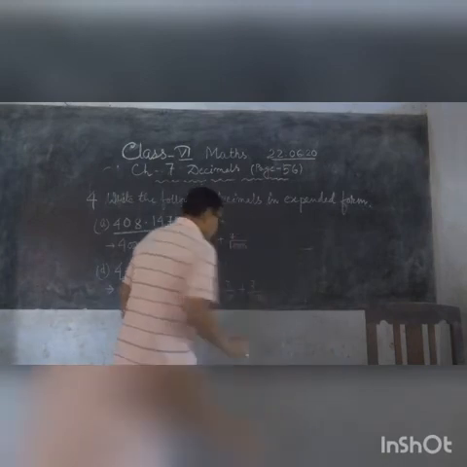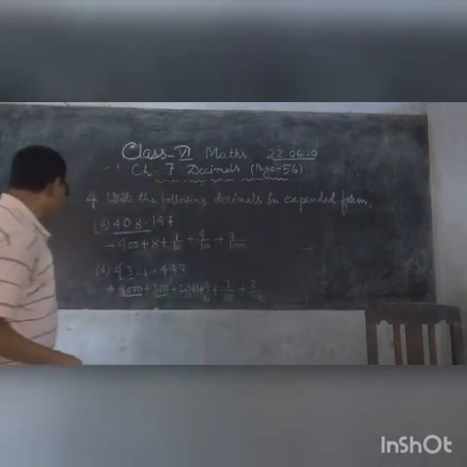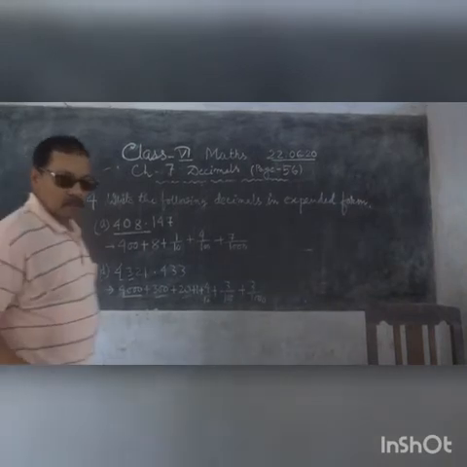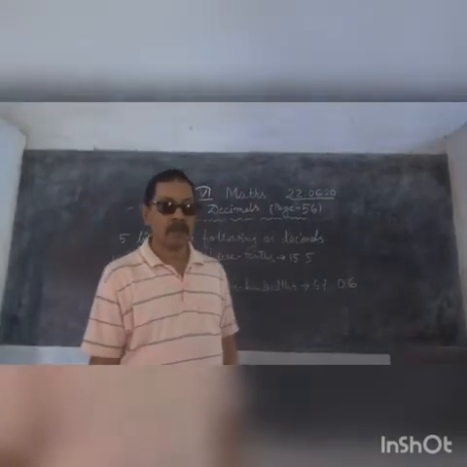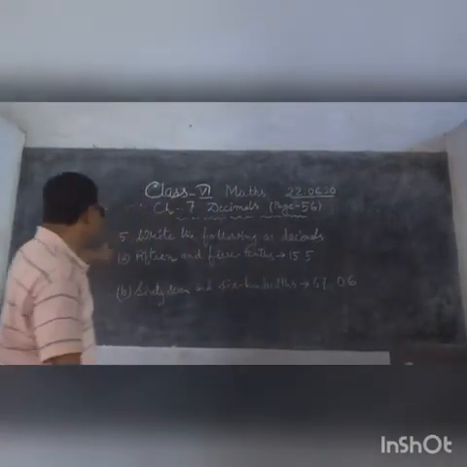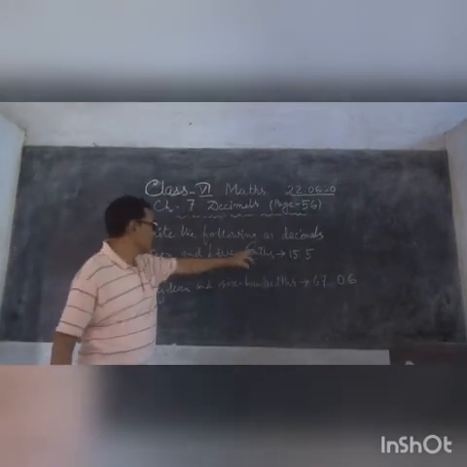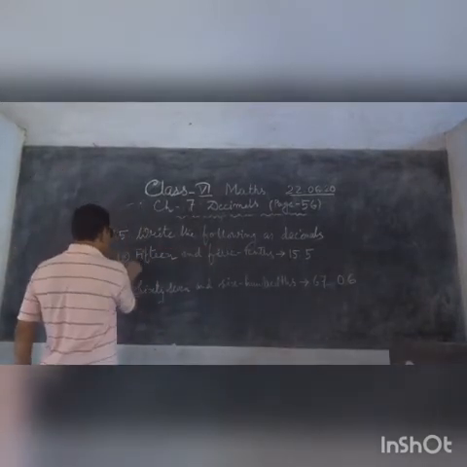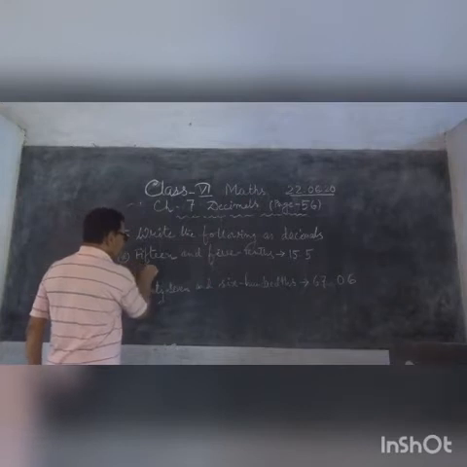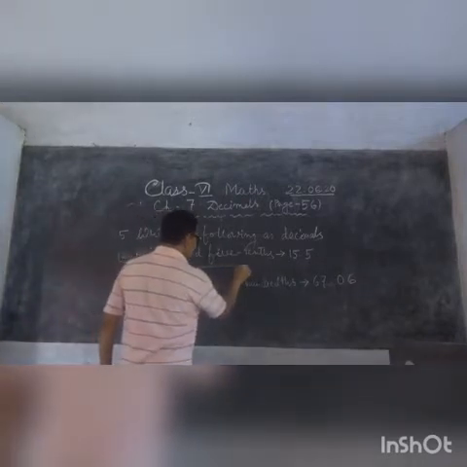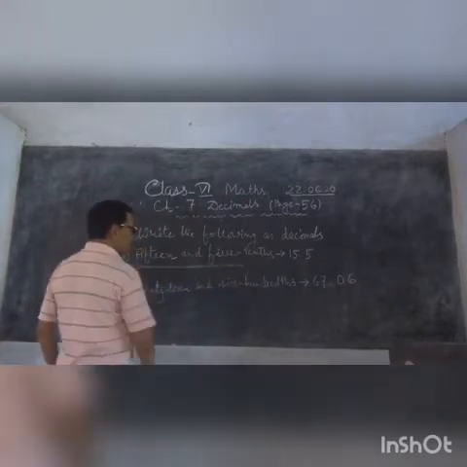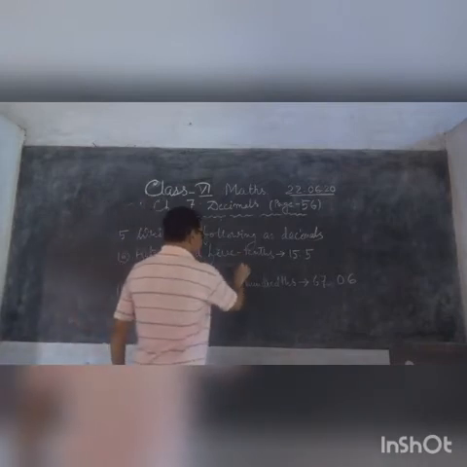So complete the other two, B and C, yourself. Next, question number 5. Write the following as decimals. The question here is 15 and 5 tenths.